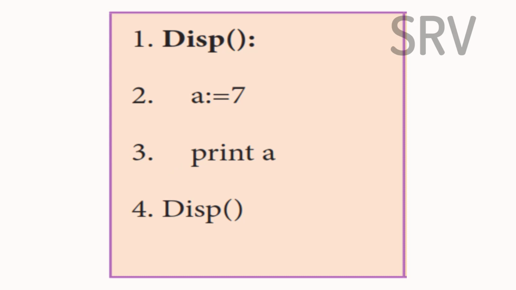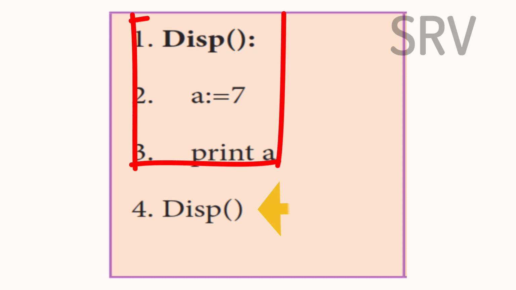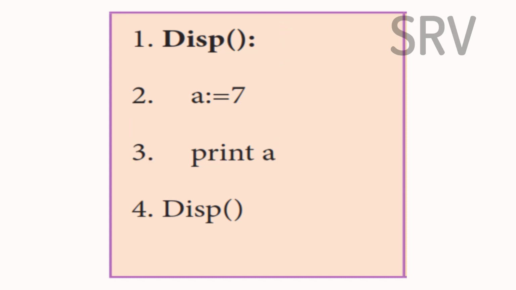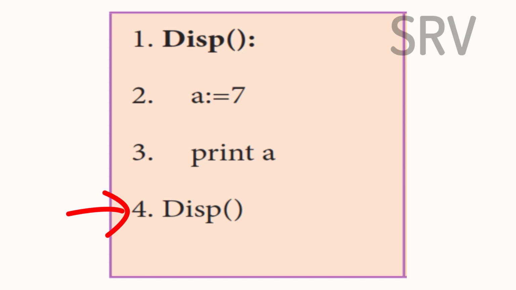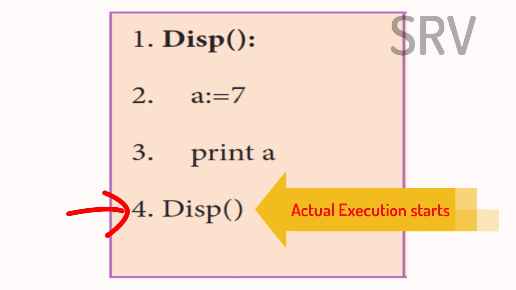Then we come out of the function, and in statement 4, what is given is disp. Here we are calling this disp function. In statements 1, 2 and 3, the function disp is defined. So once disp is called, what should be done is given in the first 3 statements. In the fourth statement, we are calling that disp function. So here is where the actual execution starts.